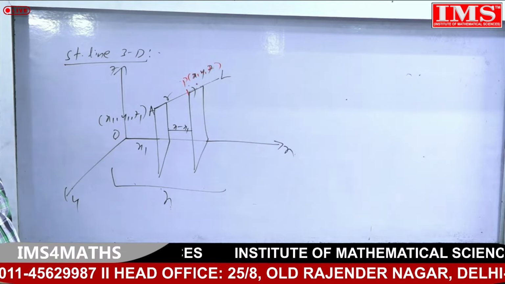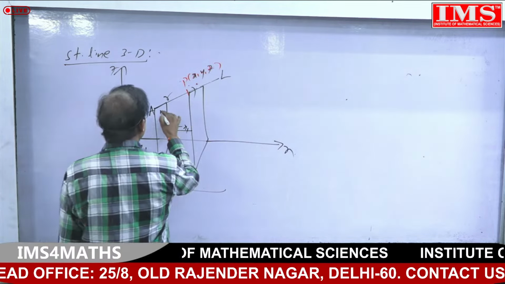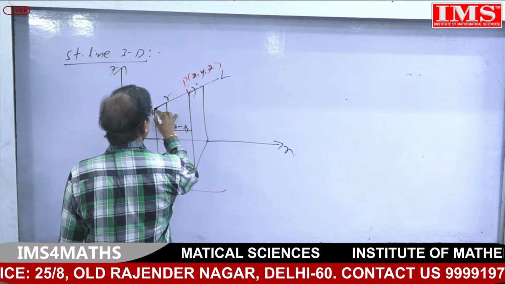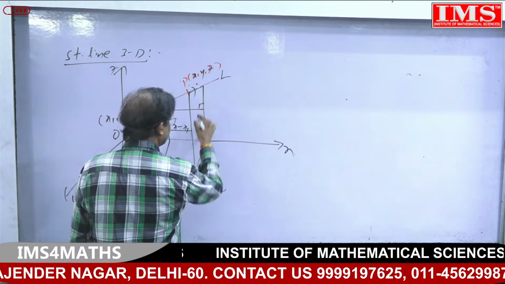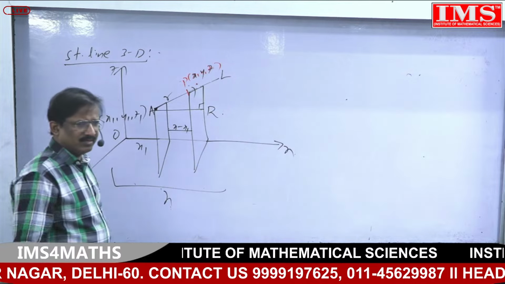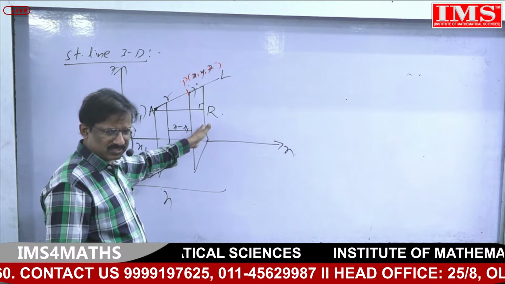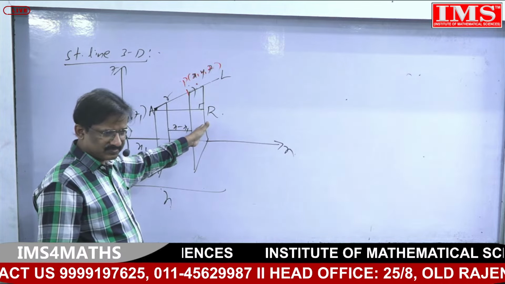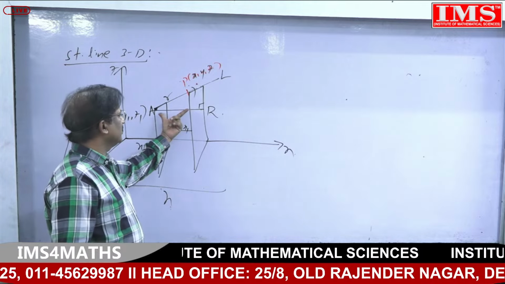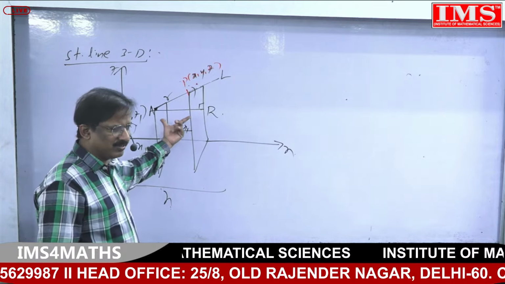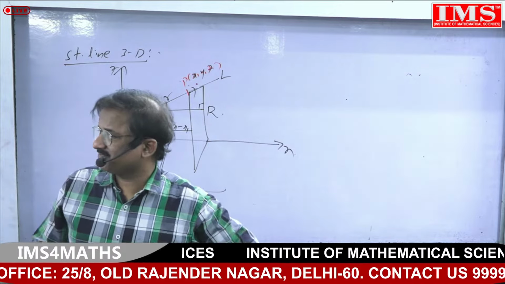My doubt question: if you draw a perpendicular from the projection point to this line, something like R, this is not a perpendicular to this line. This is a perpendicular to the projection line. And what is this AR distance? Can you tell me?